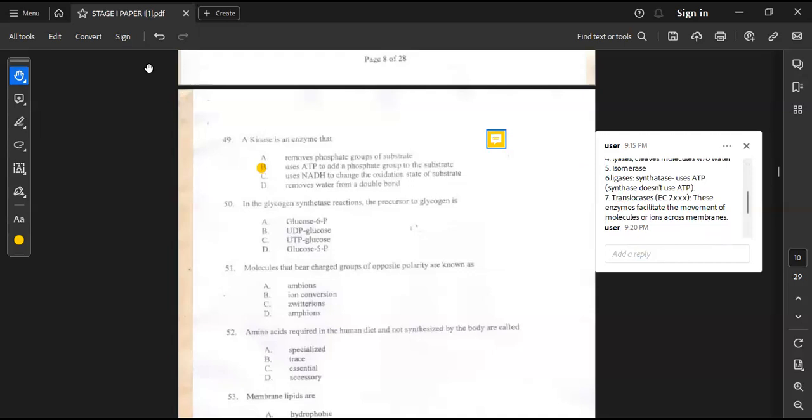In the glycogen synthase reactions, the precursor to glycogen is glucose 6-phosphate, UTP, glucose, UTP, glucose, or glucose 6-phosphate. Sorry, the last one is glucose 5.